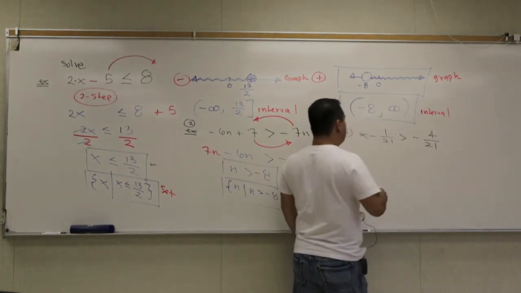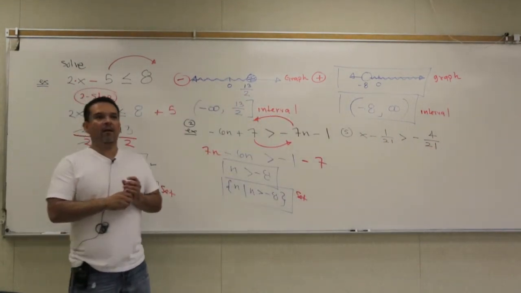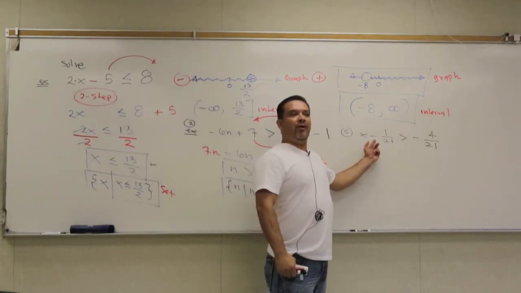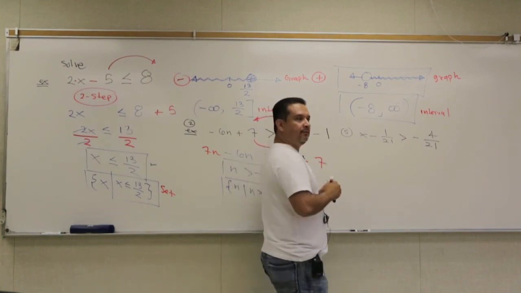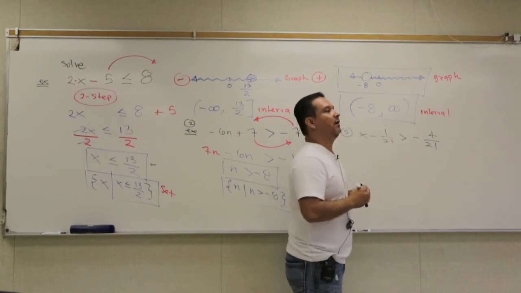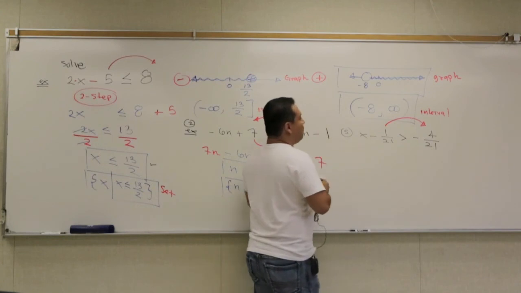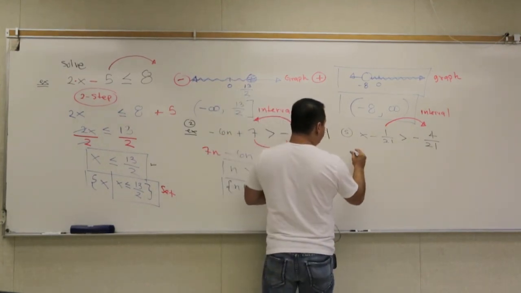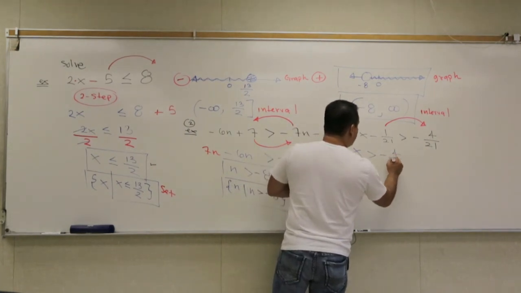Okay, good. So remember, we're solving for x now, again. What's happening to the x? You have what? Subtraction. How do you deal with that subtraction? Well, we could add to both sides. What have we been doing? Translating. Good. So if I move that fraction to the other side, you get what? X greater than negative what? 4 over 21.